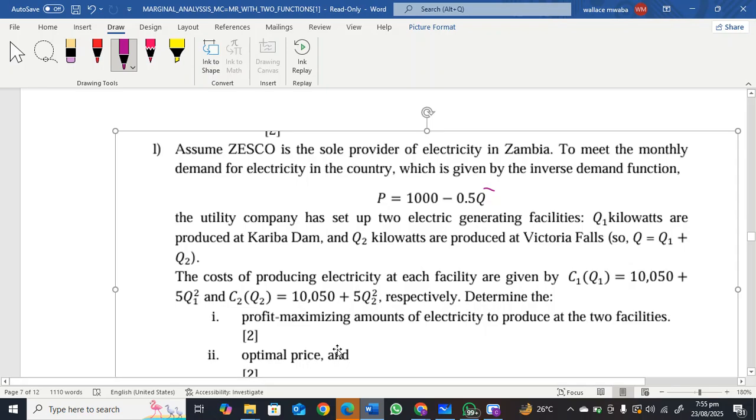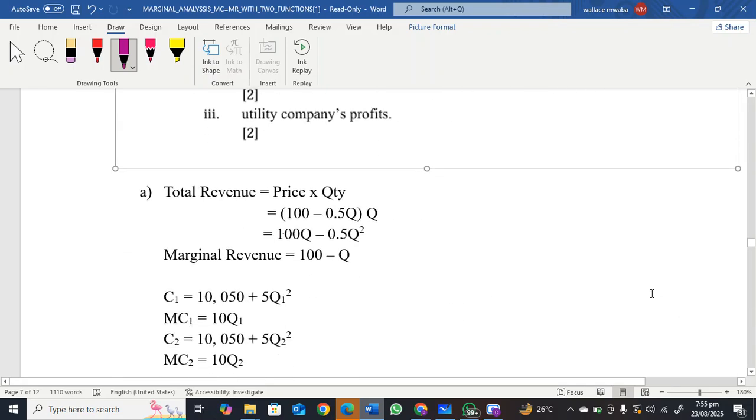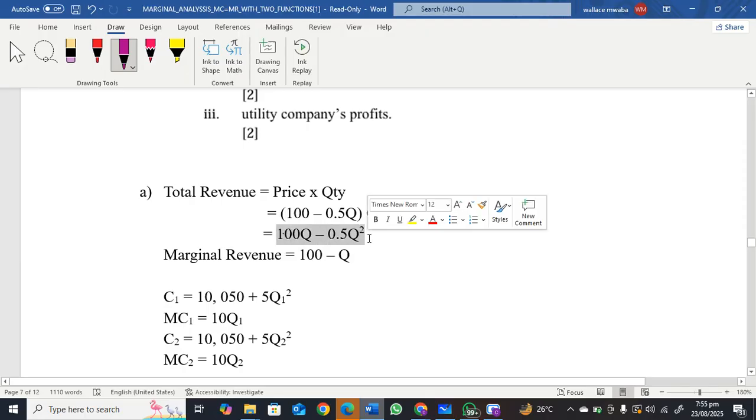So I was saying, to get your profit, substitute Q with 166.67 in this total revenue function, and you get the value of your total revenue.